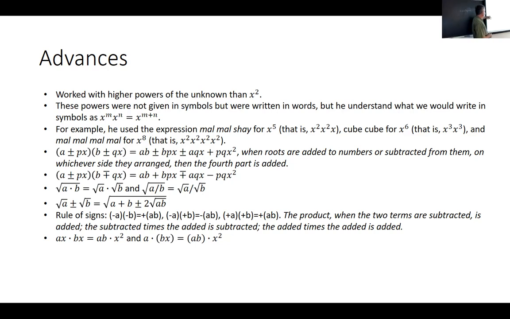And then another interesting thing is he did manipulations with irrationals. This one here, we will recognize straight away. It meant that if you had the square root of 5 and the square root of 7, don't figure out the square root of 5 and then multiply that by the square root of 7.